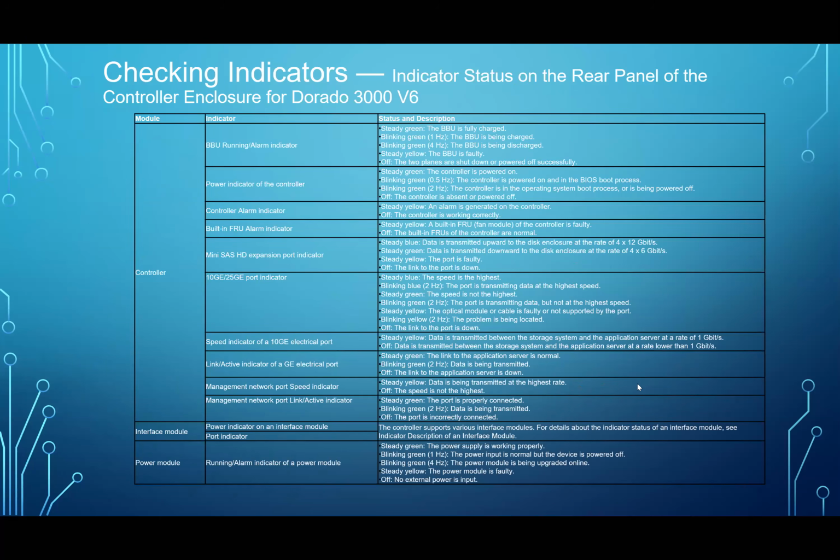Again, I also included a list of all the possible indicators and the colors of the indicators. The running status, if it's steady green, everything is okay and the components are running within normal parameters. If there are other colors, you should use the link that I'm going to send you to check if there is a problem or not.